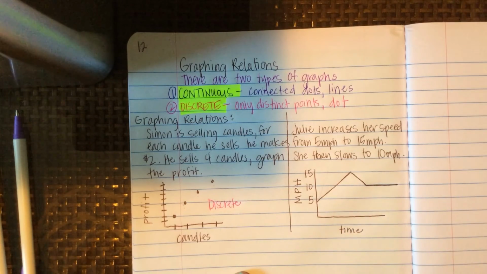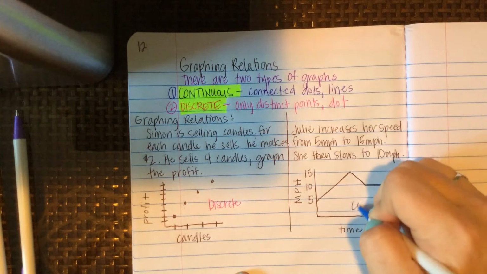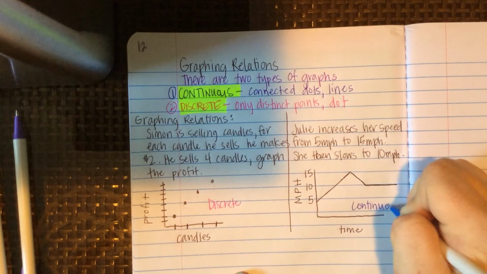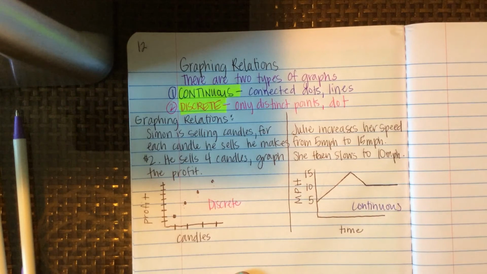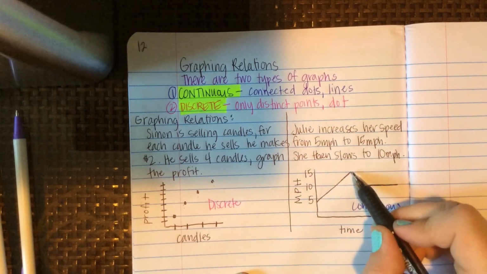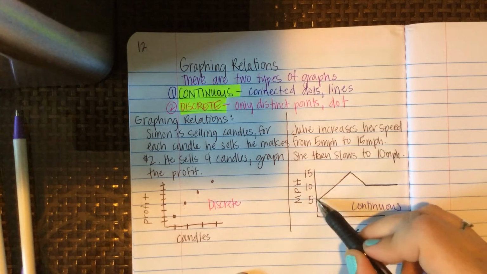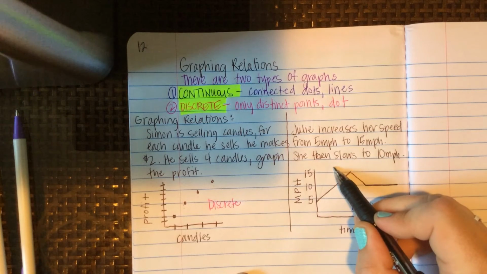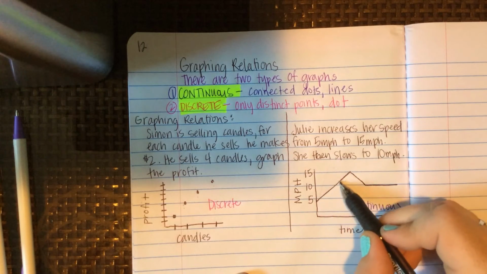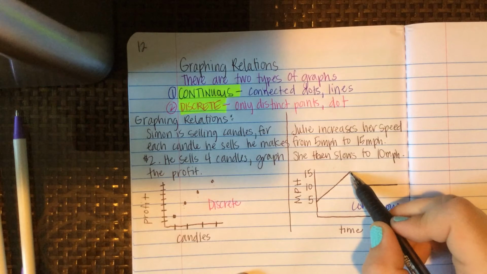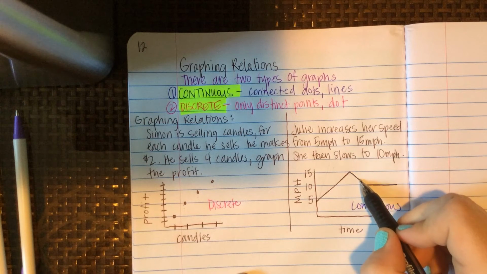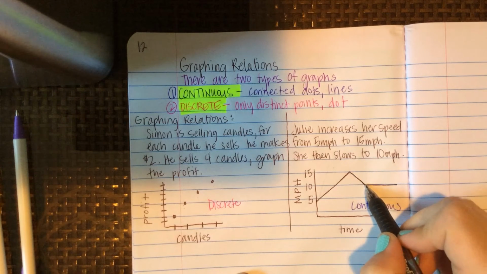This is a continuous graph. Because as Julie's increasing her speed from 5 miles to 15, she's going through the other speeds. She can't just automatically go from 5 straight up to 15. She's got to go through the rest to get there. And when Julie slows down from 15 to 10, she's slowly going down to 10.